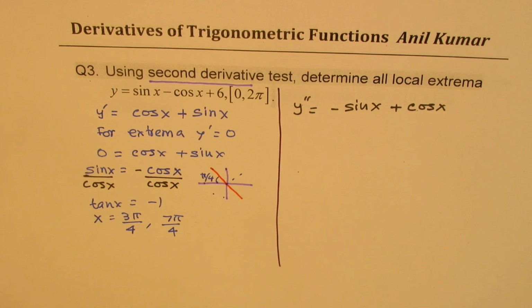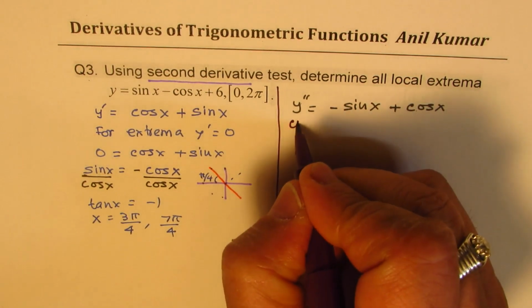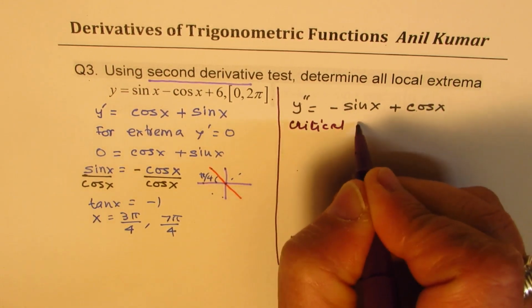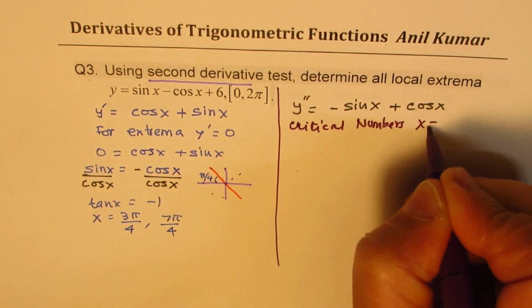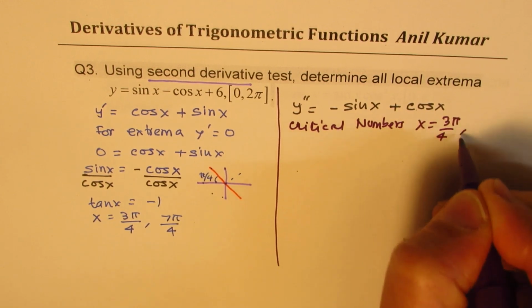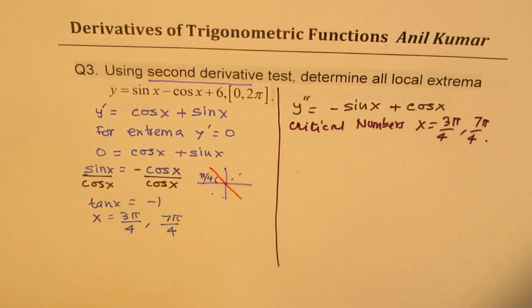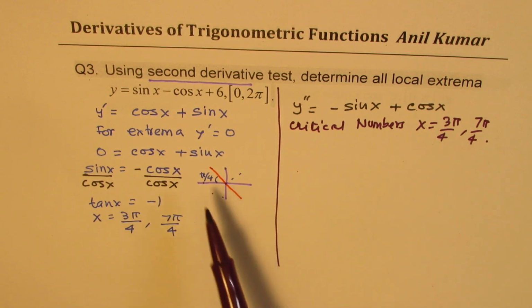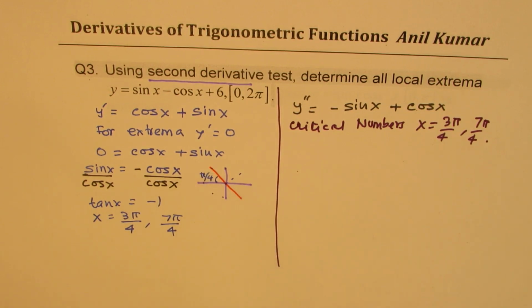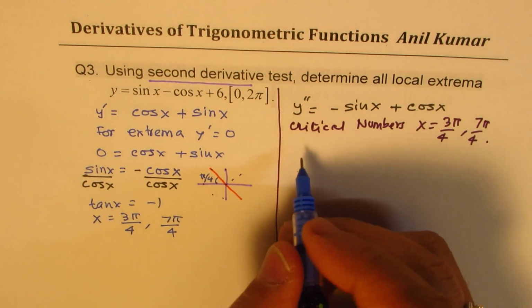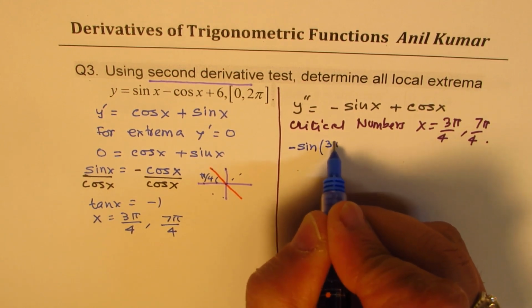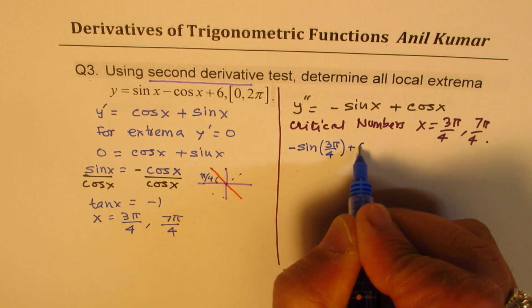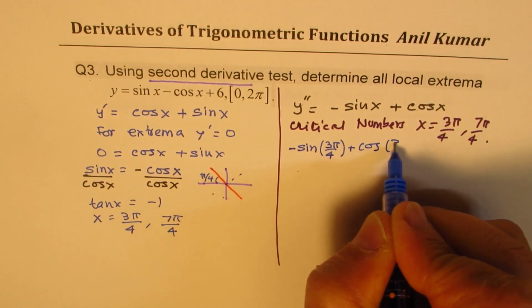So let's write down the critical values that are at x equals to 3 pi by 4 and 7 pi by 4, correct? Now, which is in quadrant 2 and in quadrant 4, correct? So let's check the second derivative. So at 3 pi by 4, minus sine 3 pi by 4 plus cos 3 pi by 4.